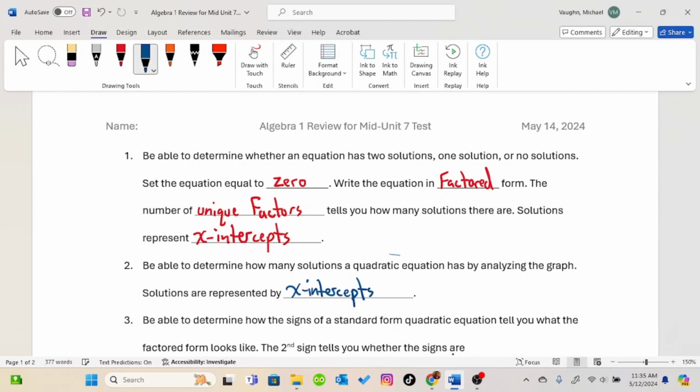So look at the graph, determine how many x-intercepts there are, and that will be your answer. If you have any questions about this concept, please use class time to ask for further clarification so that you're better prepared for the test on Friday.